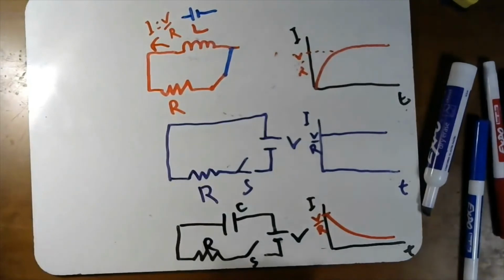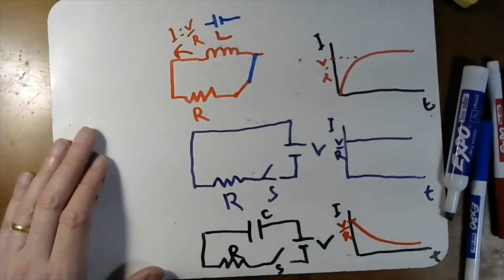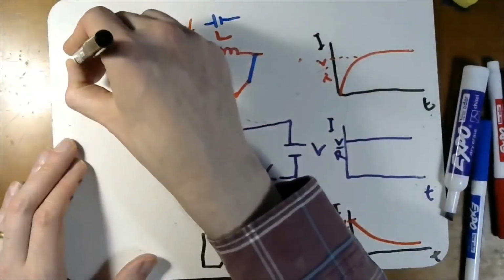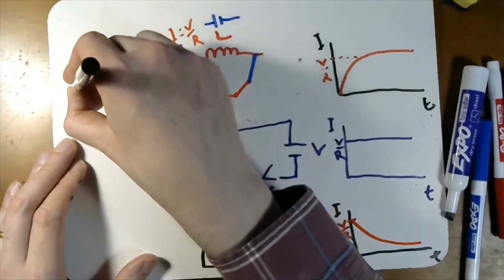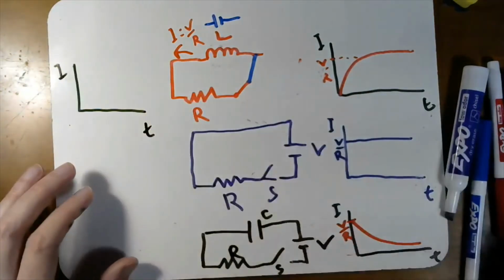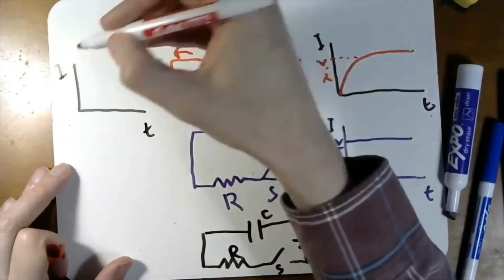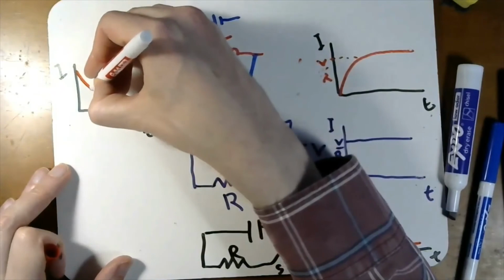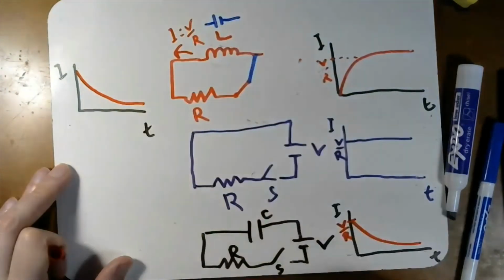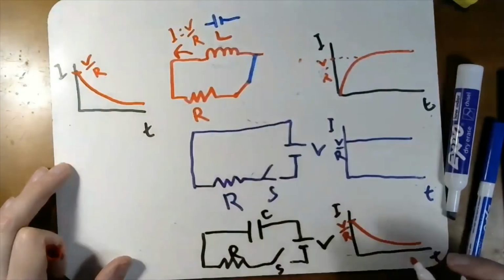It will be turned into thermal energy in the resistor. So let's look at what the current versus time will look like when we take the battery out of the circuit. We will start with the high value of V over R, and then it will go to 0. Maximum value of V over R.